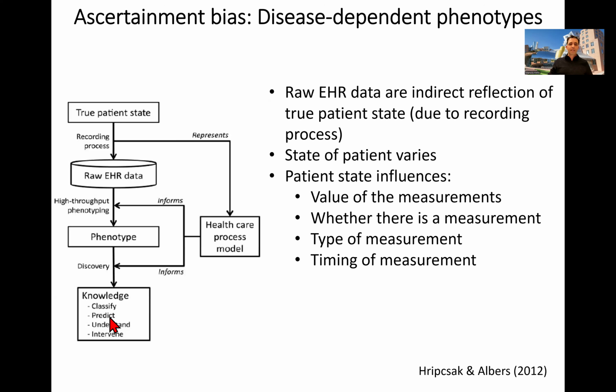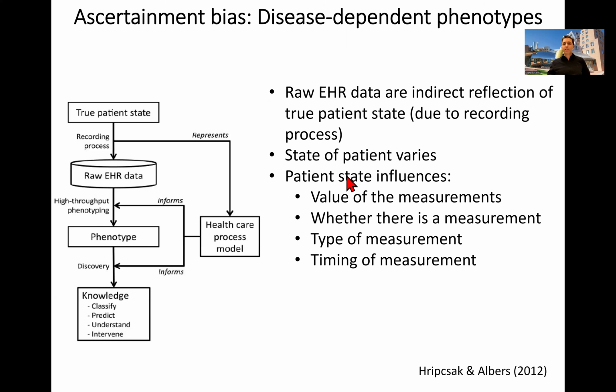Okay? So basically that's where ultimately the knowledge comes of being able to classify, to predict, to understand, to intervene. Everybody with me here? There's many influences of this raw EHR data. It's only an indirect reflection of the true patient state because of both the recording process and because of the ascertainment bias on whatever tests and prescriptions I'm willing to do.